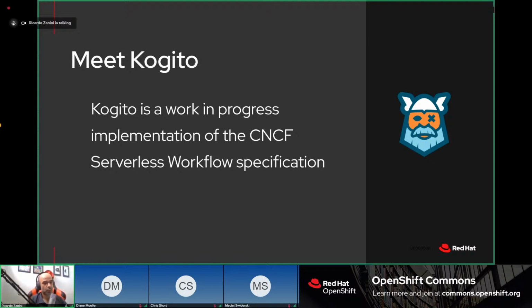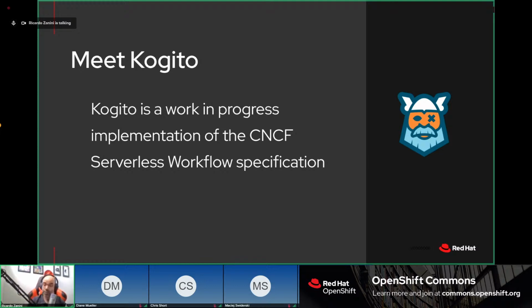So we took the specification. Now talking about the Kogito project, we took the specification and said, hey, there's a petition here, and we can actually implement this specification and offer our users a way to declare their workflow using JSON or YAML files in a declarative way. And also, if there are other vendors out there implementing the specification, they can migrate to Kogito easily, using the same thing that they learned with this DSL in other implementations with Kogito as well.